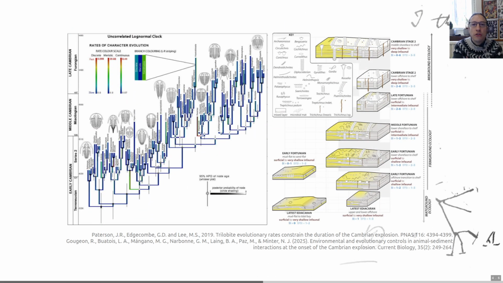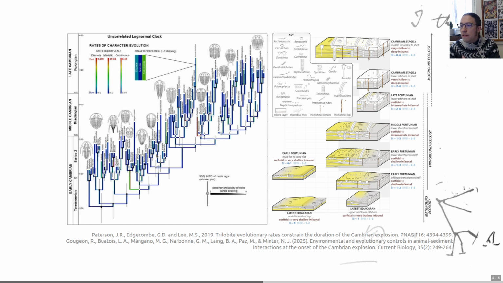But wait, there's more. On the left-hand side is a figure from a recent paper that uses some of the latest methods for analyzing the rates of evolution of morphology. The authors of this study applied those methods to a large new data set of Cambrian trilobites. This is a group of the arthropods, the most abundant and diverse group of organisms that were alive during this time.